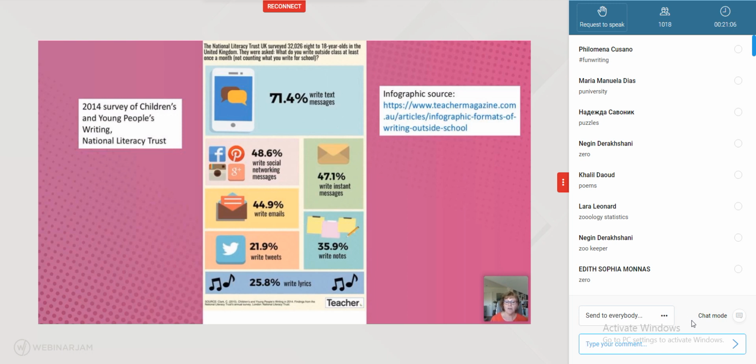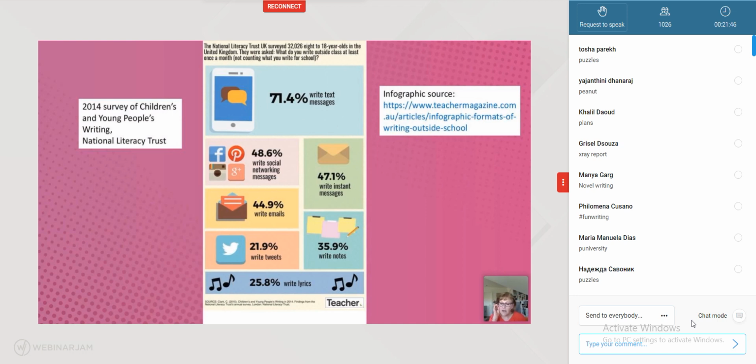As part of the survey, children were asked to say what they wrote outside school, so not at school, and what they wrote outside school at least once a month. You can see by far the most frequent kind of writing students were doing was text messages. We also had social networking, and at the bottom there you've got lyrics for songs.